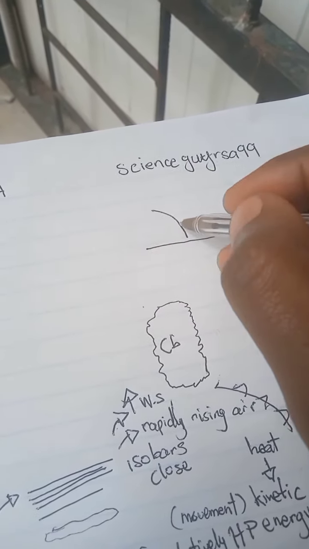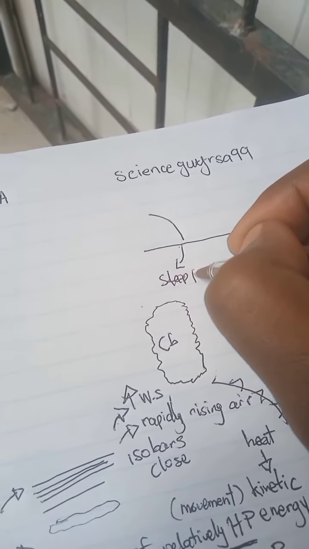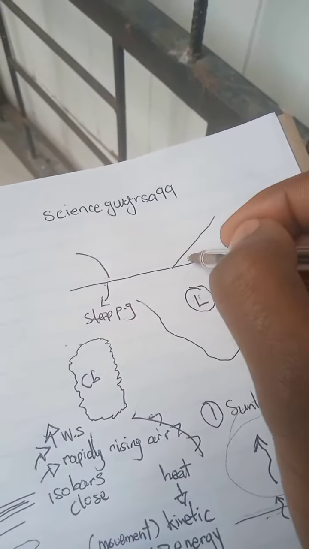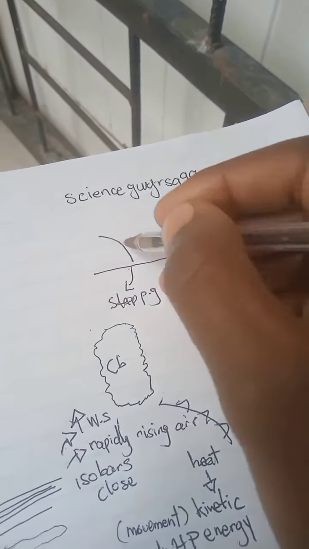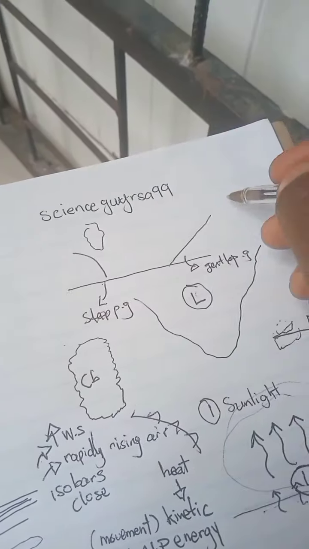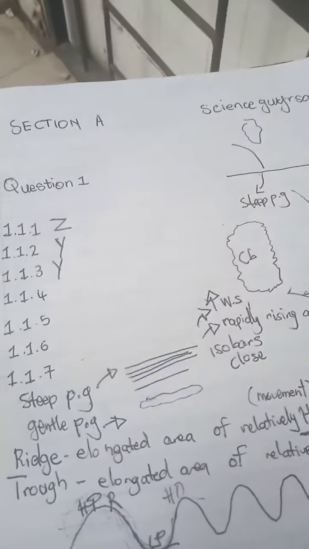The cold front is associated with a steep pressure gradient, and this is associated with a gentle pressure gradient. That's why you have cumulonimbus clouds here, and that's why you have, of course, your nimbostratus clouds.